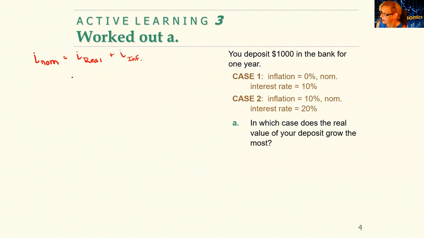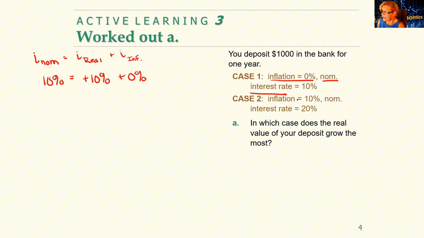In case 1, our nominal interest rate is 10%. Our inflation here is 0. So obviously our real interest rate is going to be 10%.